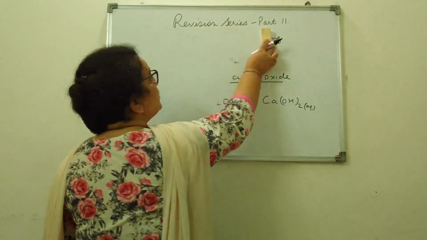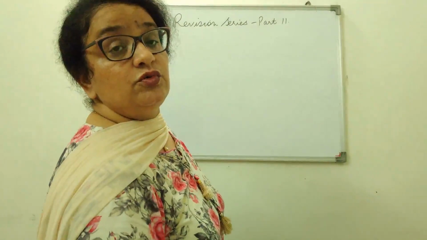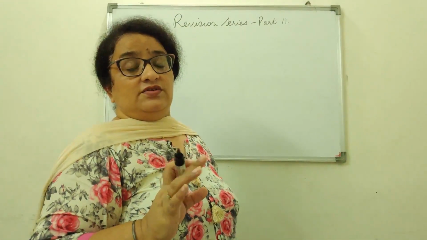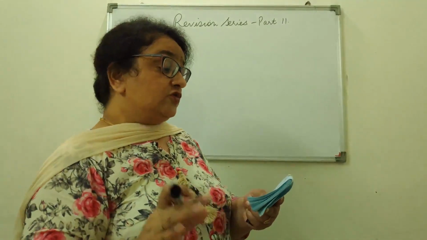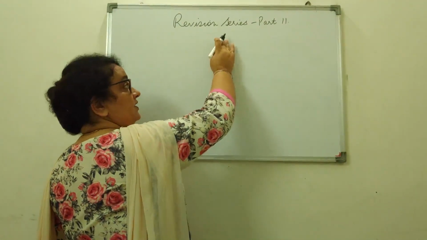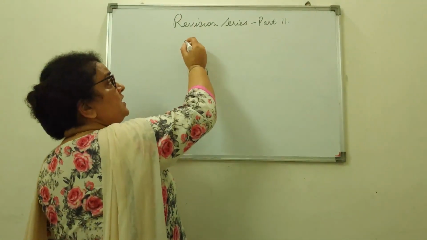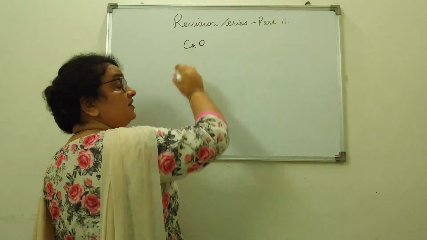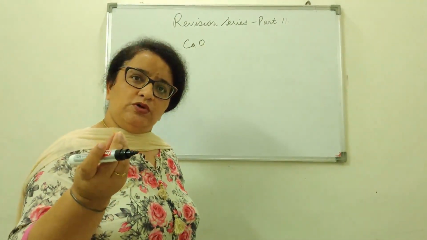Now the next question is related to decomposition reactions, as we have done a few. But before that, one thing I want to discuss. This calcium oxide, in vernacular language, is known as tuna, the white powder we use.